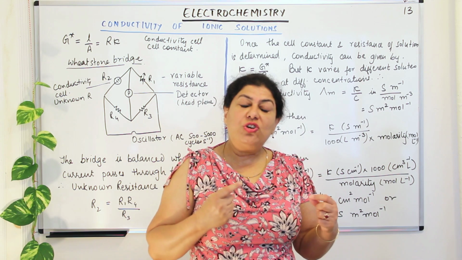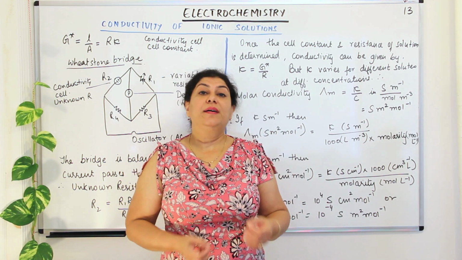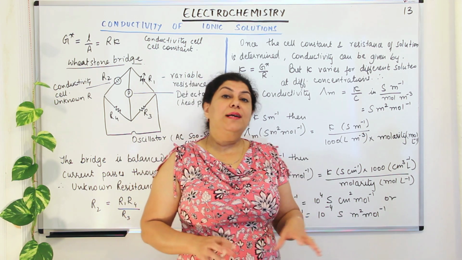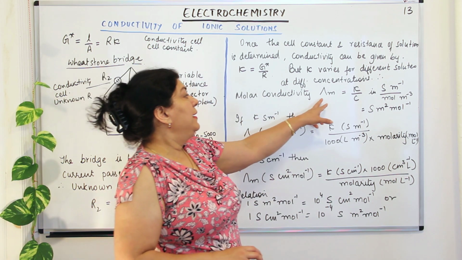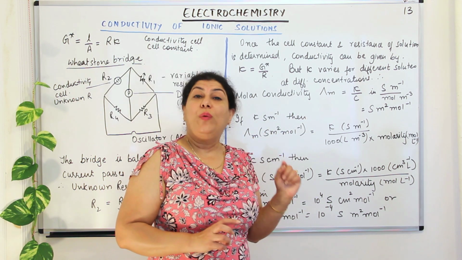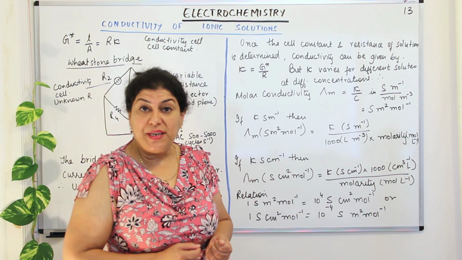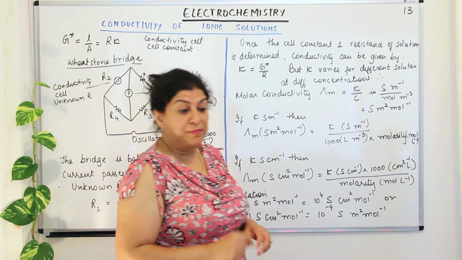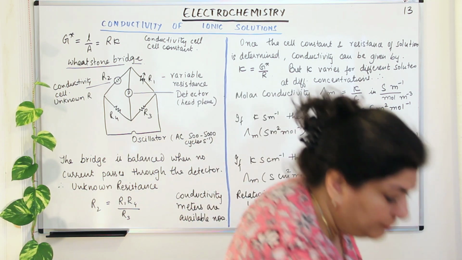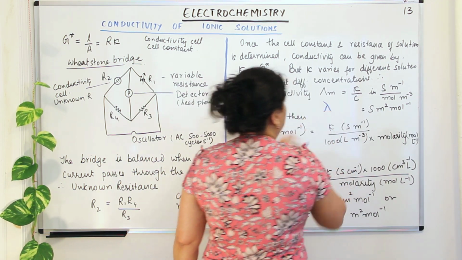So it makes more sense to talk of a new term which is known as molar conductivity. Molar conductivity is represented by the sign lambda m. You have studied lambda when we were studying electromagnetic radiations. Wavelength of light was shown by the Greek letter lambda.